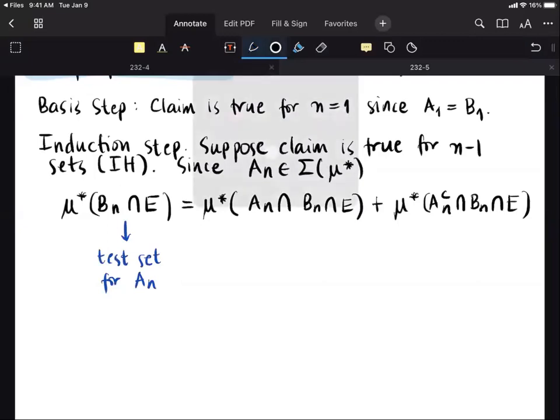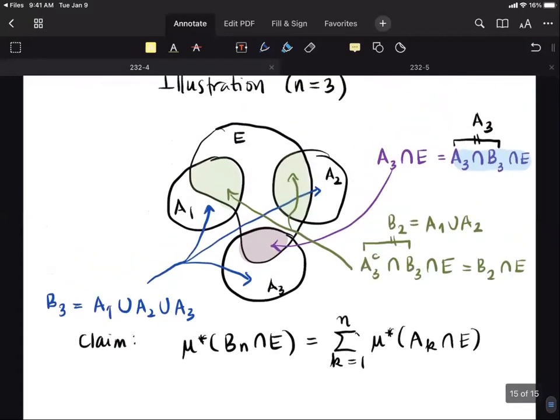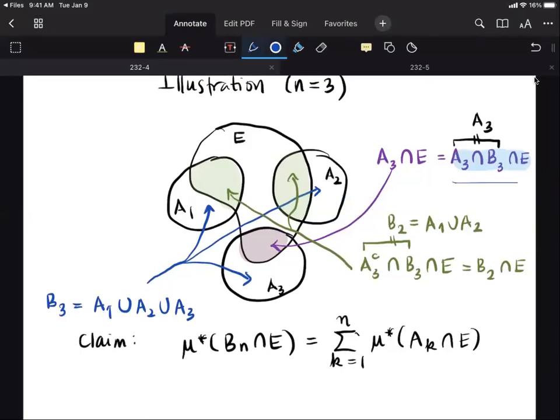By induction, one can show that this is equal to An intersection E. So going back to the figure in the previous discussion, in the case where n is equal to 3, this part here, you end up with simply A3 intersection E. In fact, you could show this by the definition of B3.